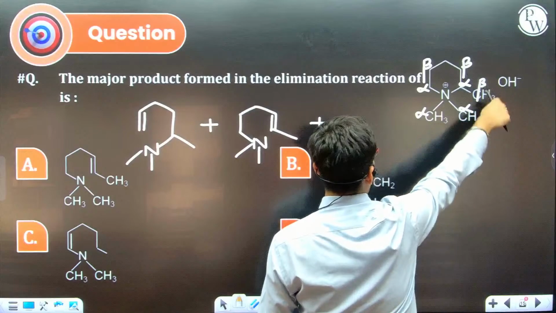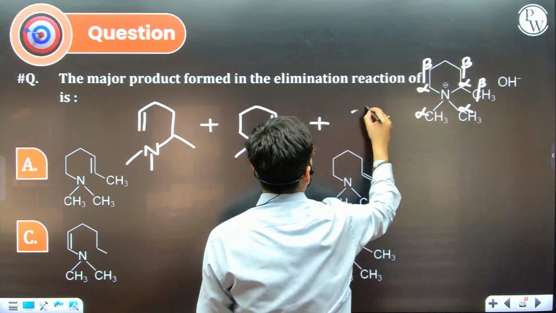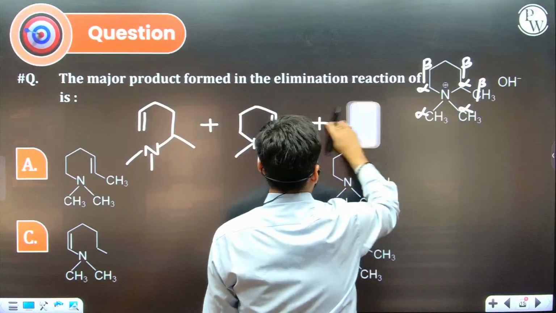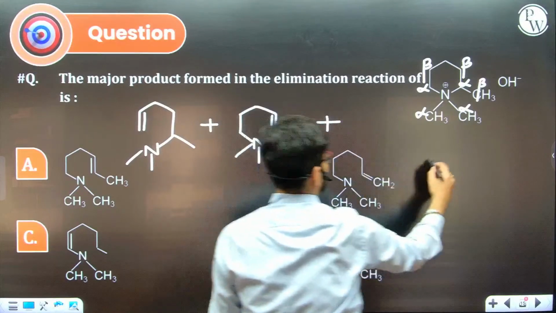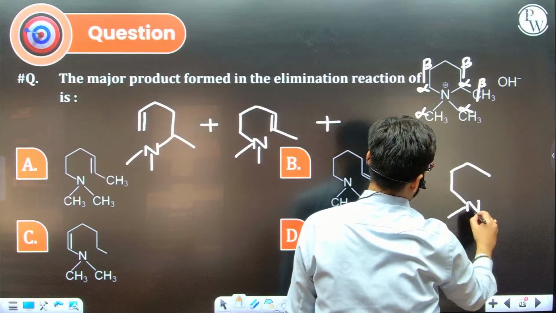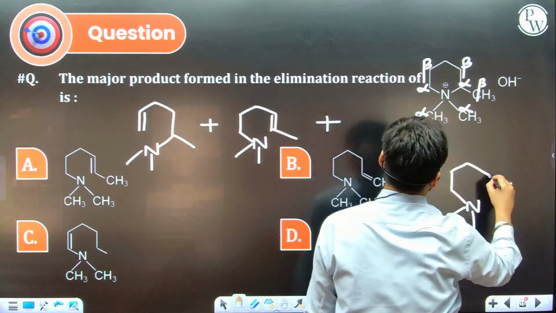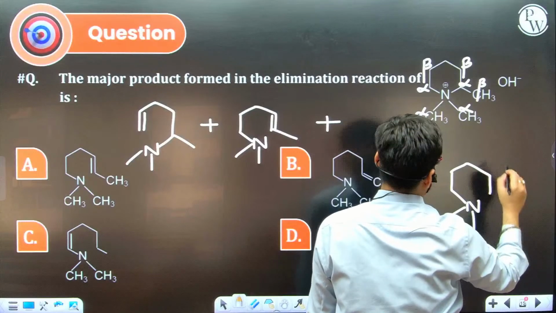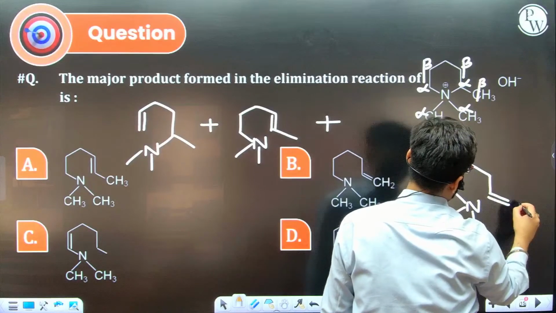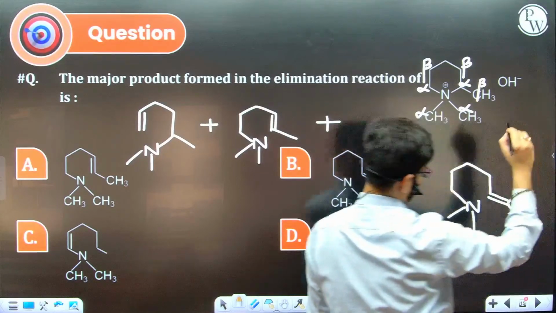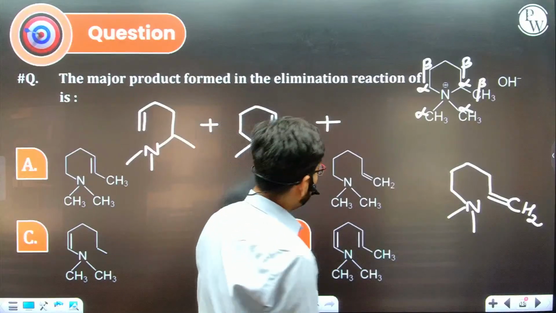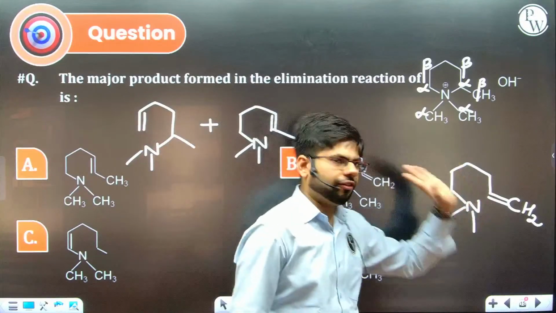So if I now take out one hydrogen from this, then what will happen? Then I'll obtain this as a product. I'm writing here so that it's clear. All right, these are the different products obtained.